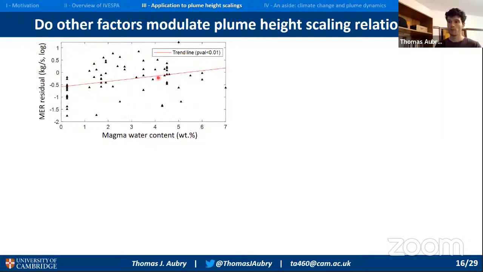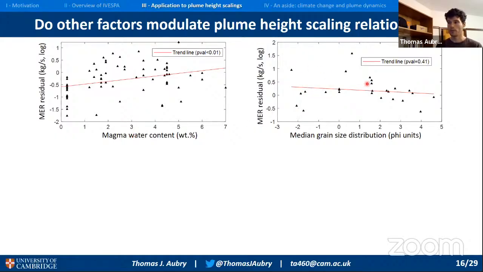So even though there is a lot of noise, you can see that there is a positive trend in this data, and the trend is actually significant. And that's really expected because the magma water content or the gas content of the plume is going to affect the plume buoyancy flux, which is indeed what governs the plume height, and not just the mass eruption rate, but the buoyancy flux is what matters in terms of plume dynamics.